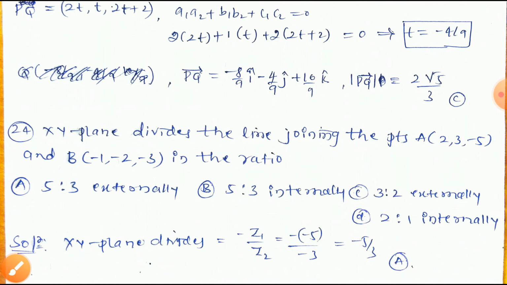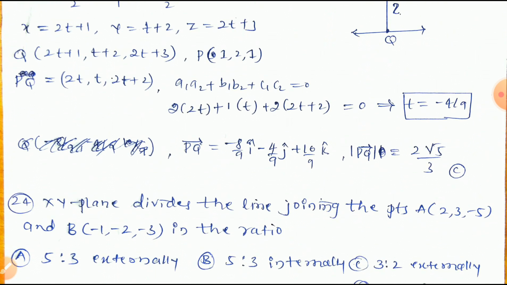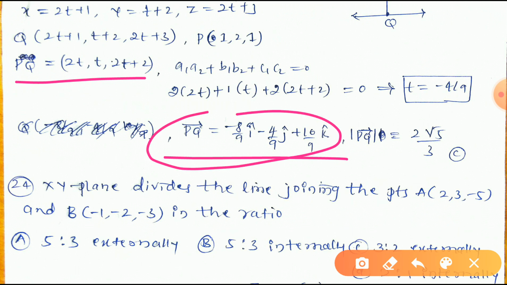Therefore vector PQ is equal to, put t is equal to minus 4 by 9. We get vector PQ is equal to minus 8 by 9 i minus 4 by 9 j plus 10 by 9 k. Therefore the magnitude of vector PQ, and we know how to find the magnitude of any non-zero vector, is equal to 2 root 5 by 3.